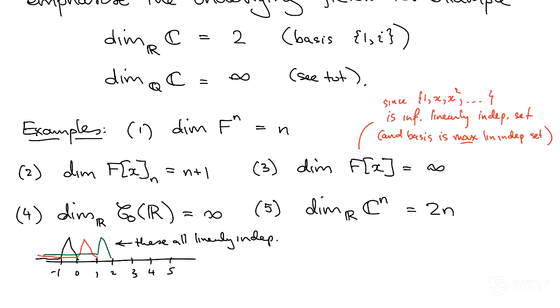Well, C^n has n complex numbers, but each complex number is 2 real numbers, so at the end of the day, you need 2n. I'll leave it to you to be convinced that it's really 2n, write out a basis of this as a real vector space.